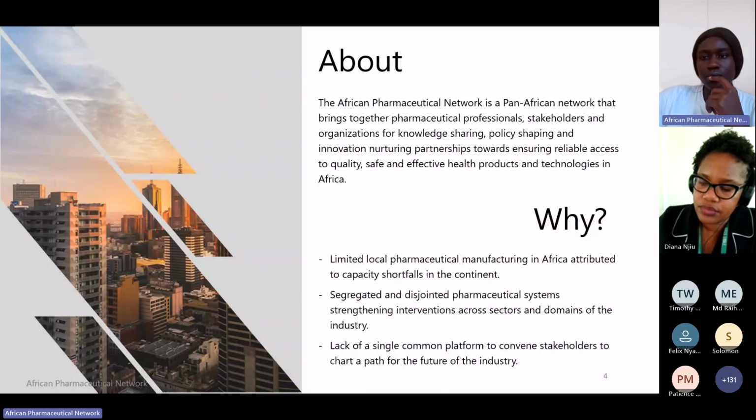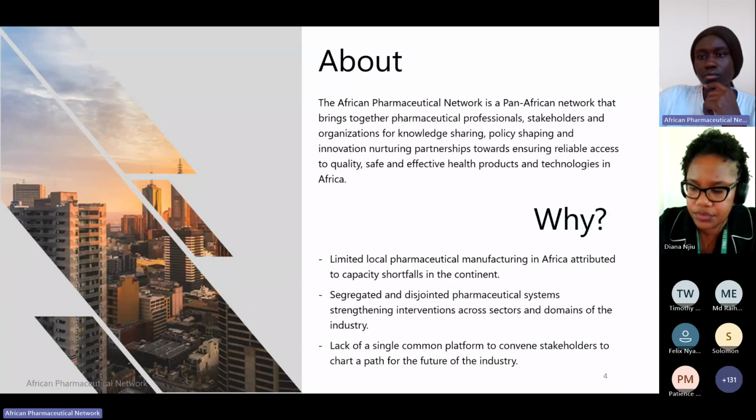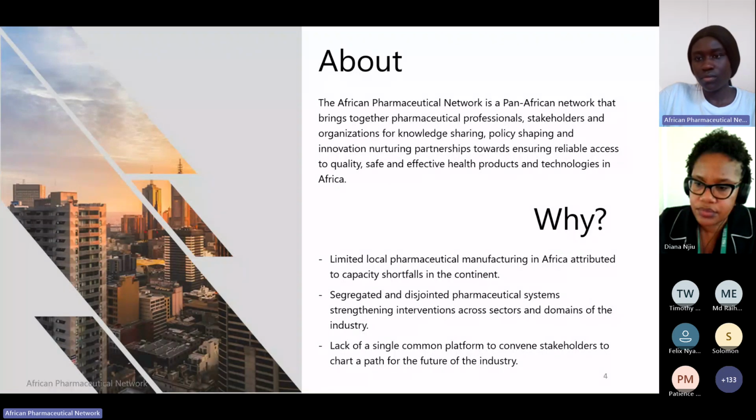One of them is the East African Medicines Regulatory Harmonization pathway. With this particular pathway, one thing that we noted is that the professionals themselves were either not aware of the pathway or they didn't know how to utilize it to ensure maximum value for the registration, or rather the regulatory strategies in the individual organizations.